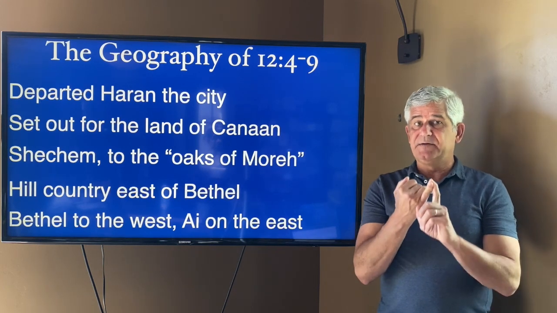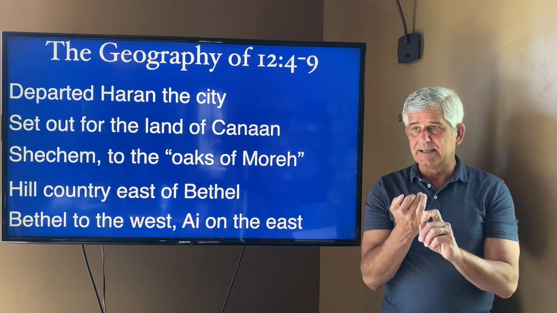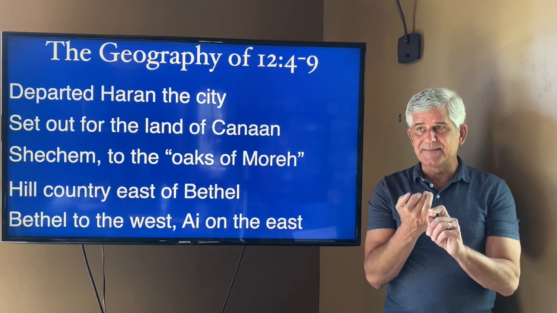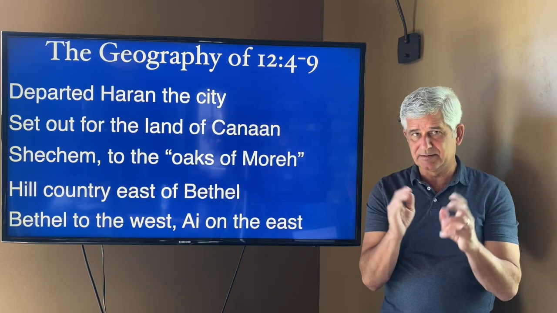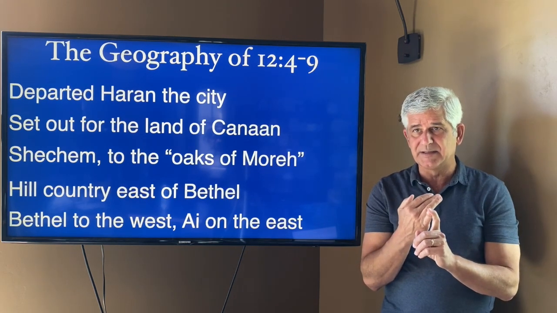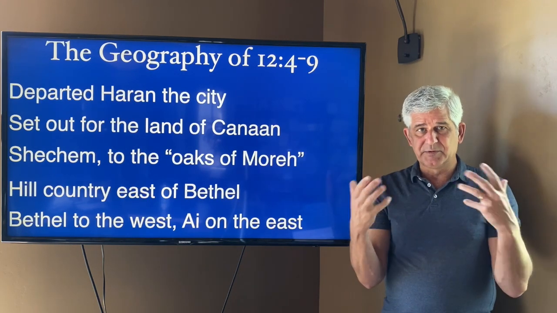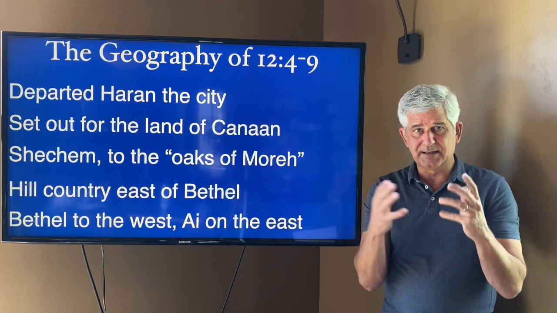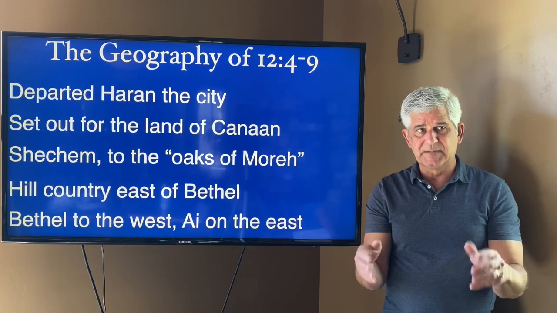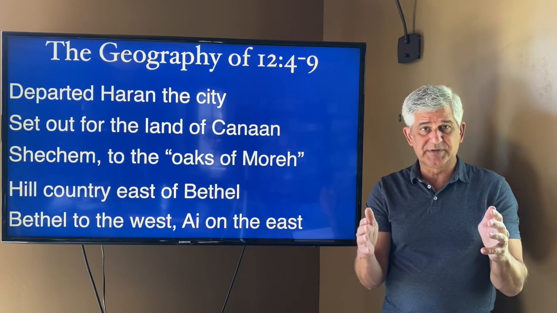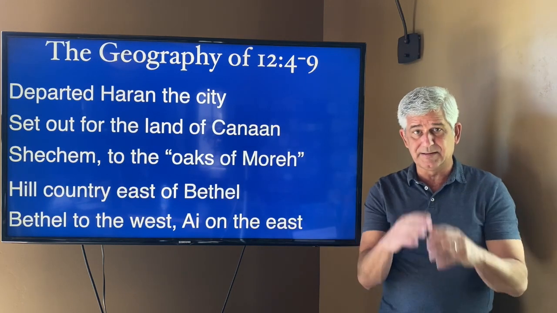Shechem is a very significant city in the Old Testament. At the end of the book of Joshua, so that's the 6th book in the Old Testament, Joshua, who is Moses' second in command and took over after Moses died, gathers the people of Israel in Shechem, which was something like the first capital of Israel after they had conquered the land.